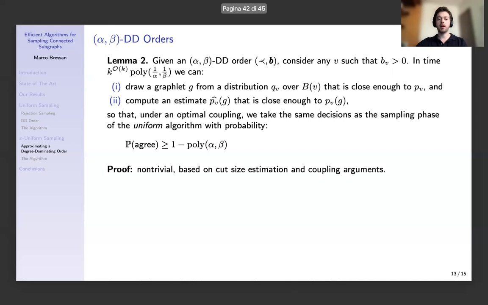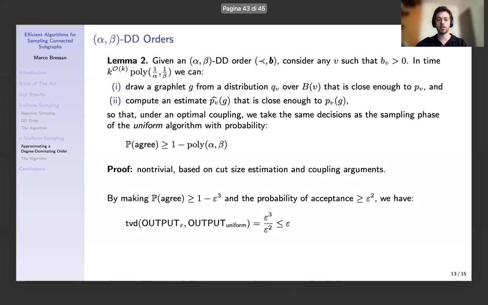Again, the proof is non-trivial. You have to estimate the cuts between the graphlet and the rest of GV, as I said before, and you have to apply careful coupling arguments. And then the point is that we can make the probability of the two sampling phases agreeing large enough, 1 minus epsilon cube.